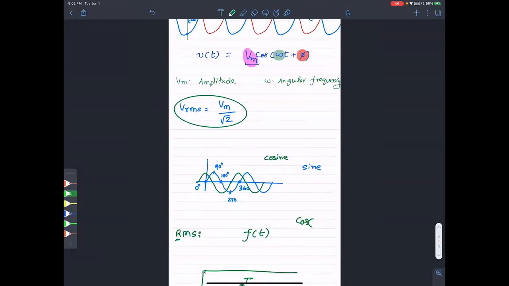Is everybody with me? So these are the aspects of a sinusoid: phase angle and frequency, and then amplitude and VRMS. Now, by a show of hands, how many of you can hear me with the new headphones?